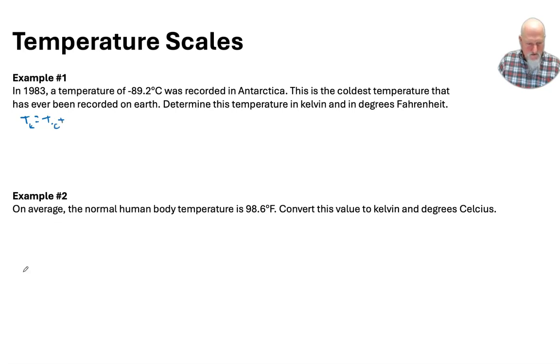plus 273.15. So that means if I take my temperature in Celsius, which is negative 89.2 degrees Celsius, and I add 273.15, that will give me my temperature in Kelvin.